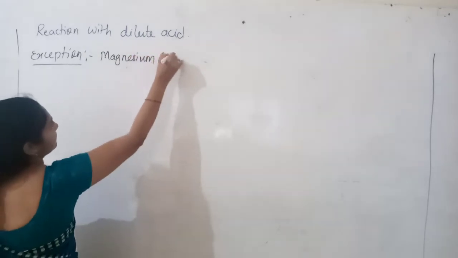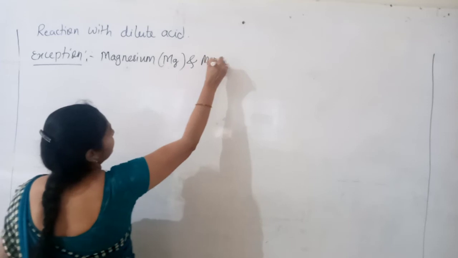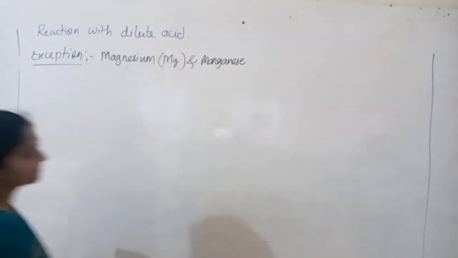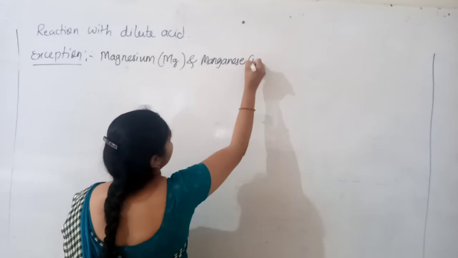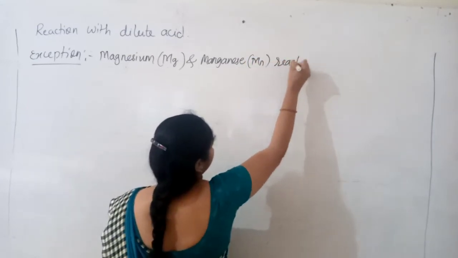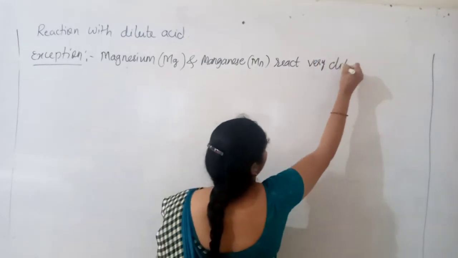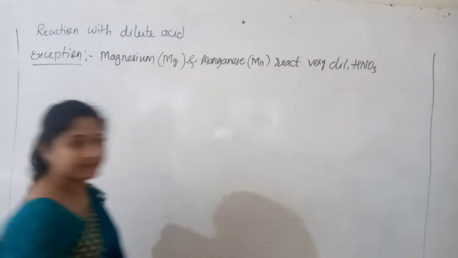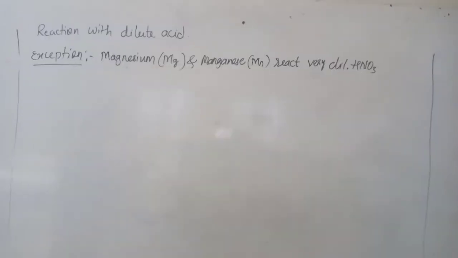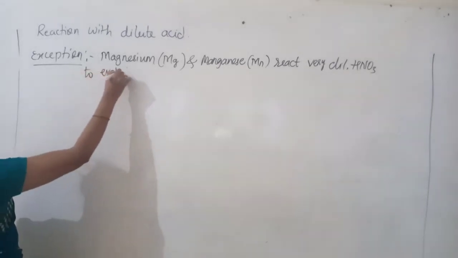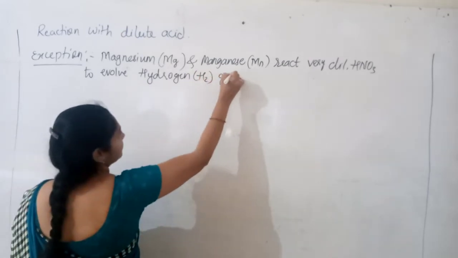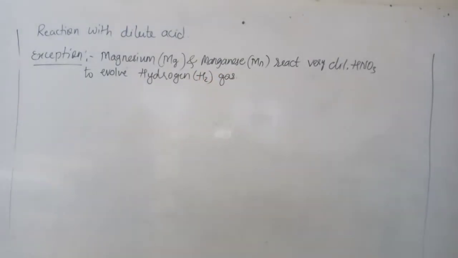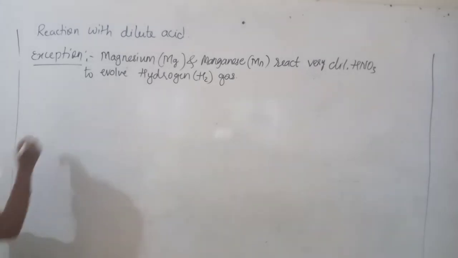Magnesium, that is Mg, and manganese, that is Mn, react with very dilute nitric acid to evolve hydrogen gas, that is H2 gas.